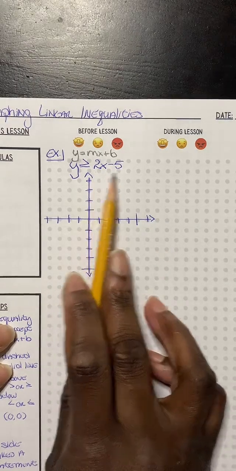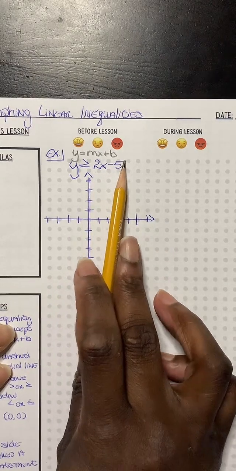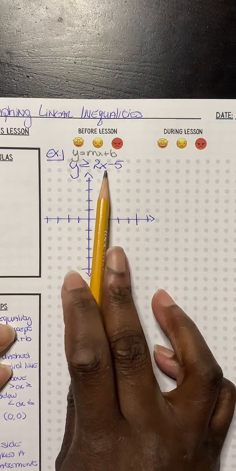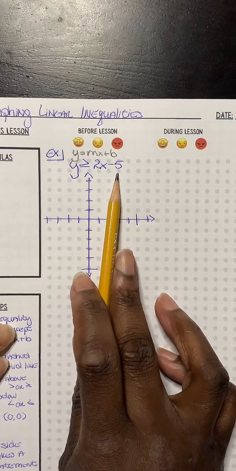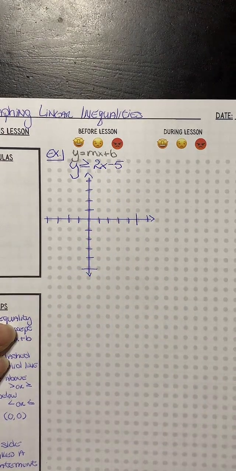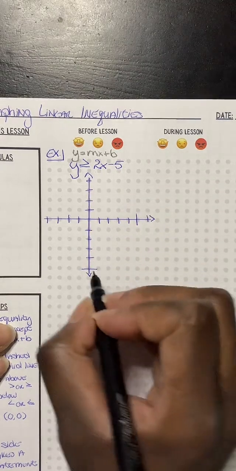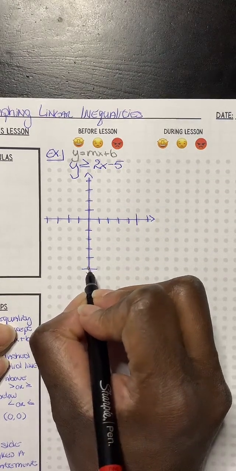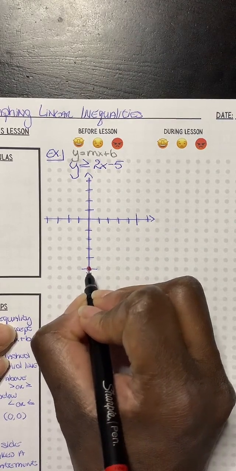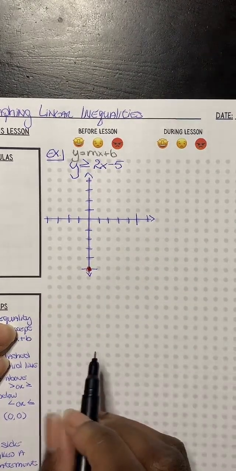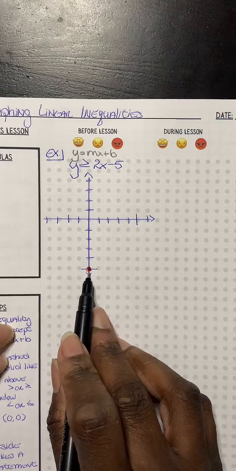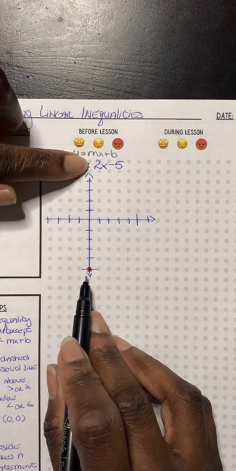Now we always start with our y-intercept. And our y-intercept in this case is negative 5. So as I go to the y-axis, here's my negative 5. I'm going to put my first point. From here, I'm looking at my slope.